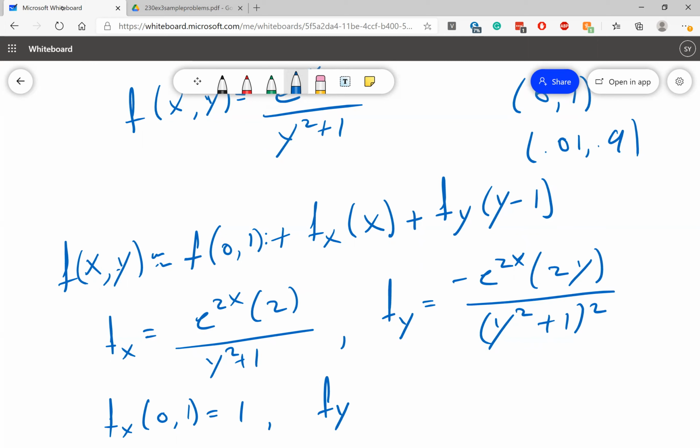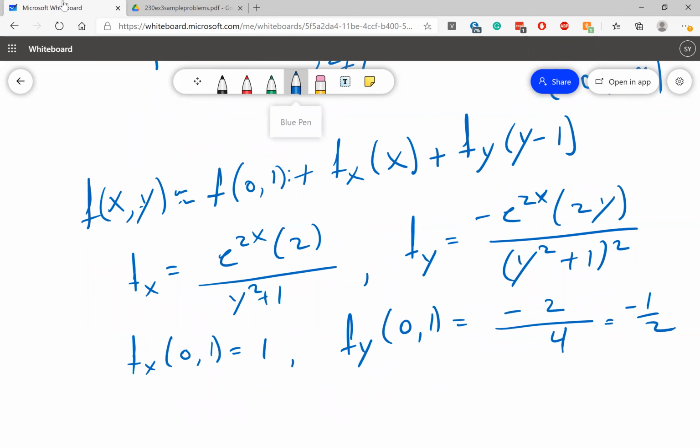The partial of f with respect to y at the point (0, 1) is going to be negative, and then we have 1 times 2, so negative 2, over 1 plus 1 squared, that's 2 squared, so 4. This is going to be negative 1/2.